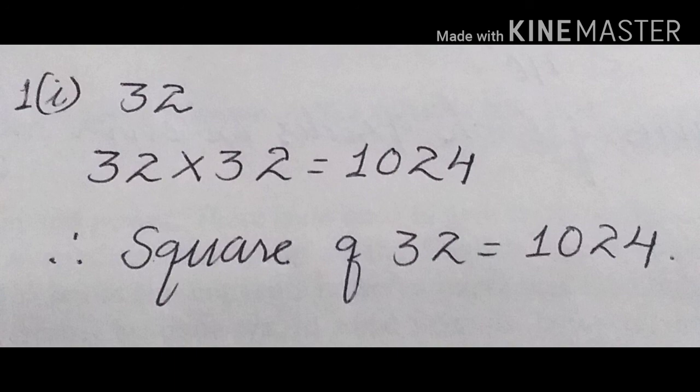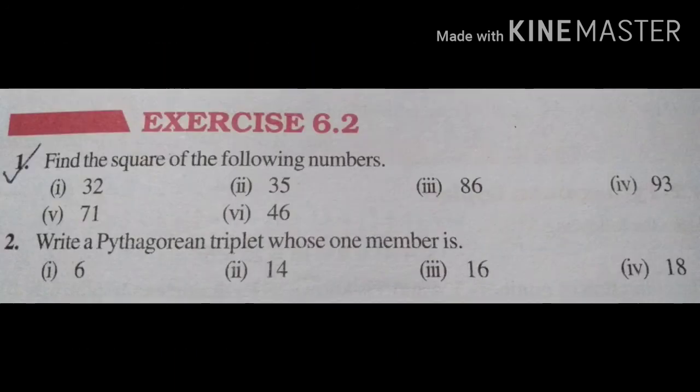That means therefore the square of 32 is equal to 1024. This way you have to write down the answer and do question number 2, 3, 4, 5 and 6 yourself. And question number 2 completed. Write a Pythagorean triplets whose one member is 6. This you have done. This completed. Now question number 1 ko do all the questions.